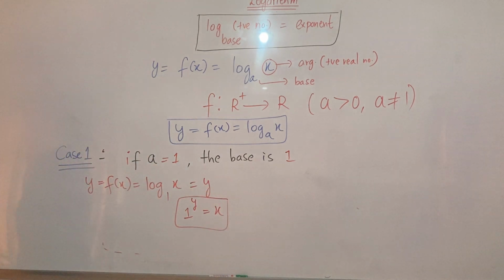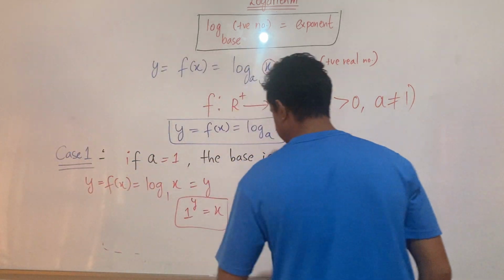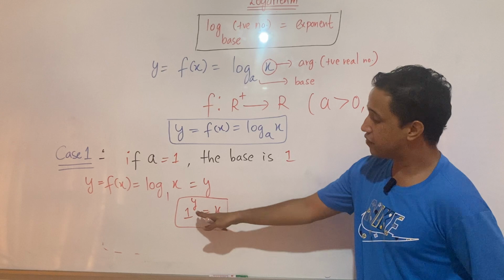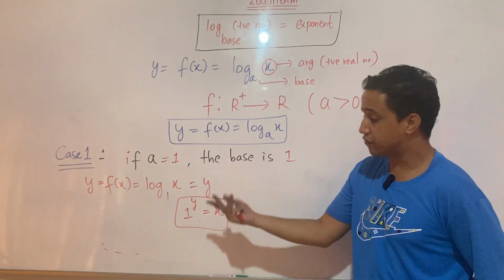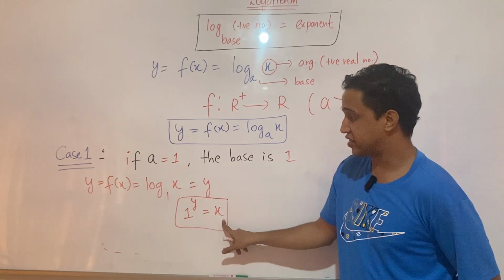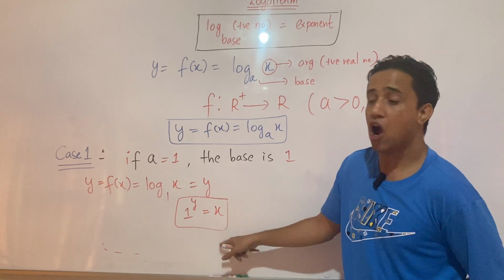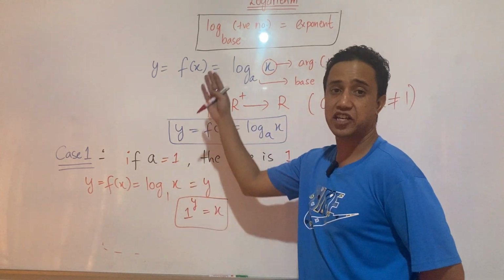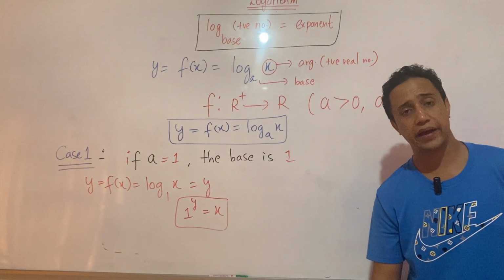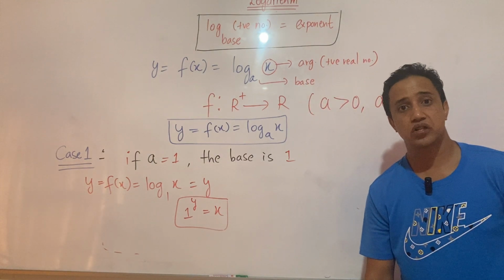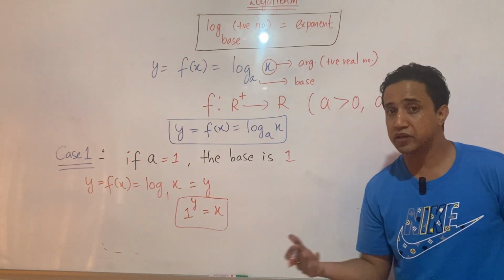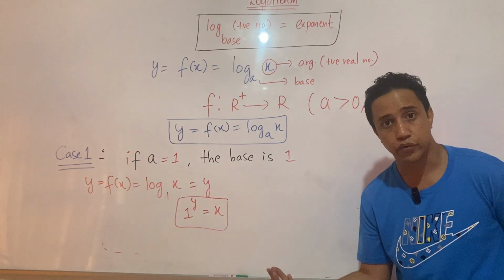Now here, for different values of y, you will get the same value of x. Or I can say that for the same value of x, you will get multiple values of y, but that's not how a function is defined. A function must return a single value.